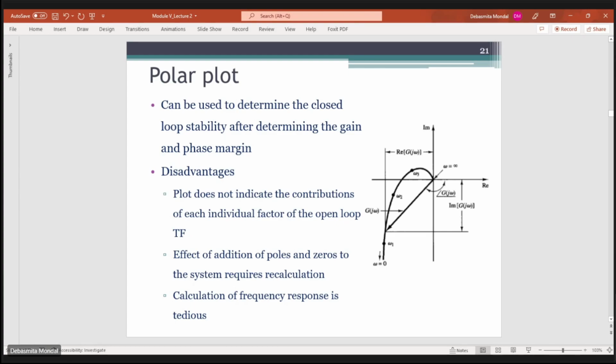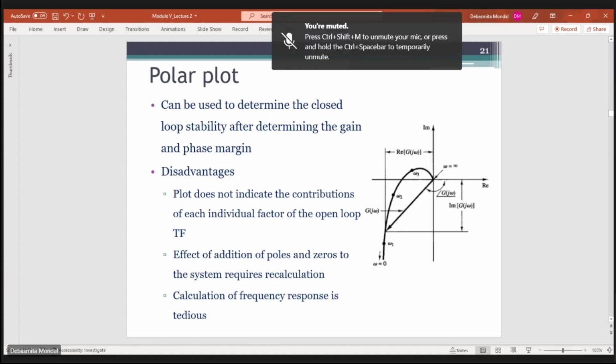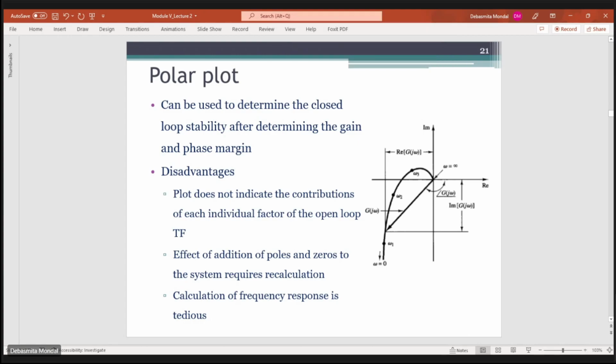Also, in the case of a Bode plot, if you add a pole or a zero to your system, you can simply modify the Bode plot by identifying the corner frequency at which the pole or zero is added, and then drawing the frequency response.